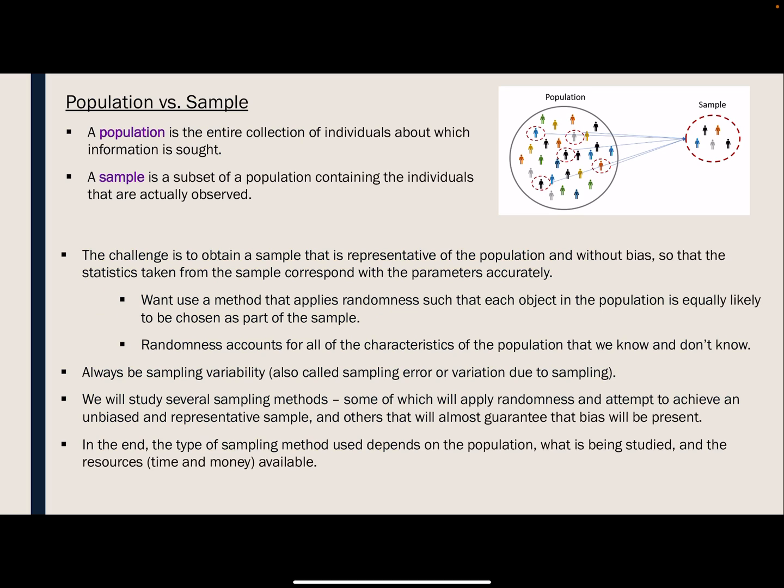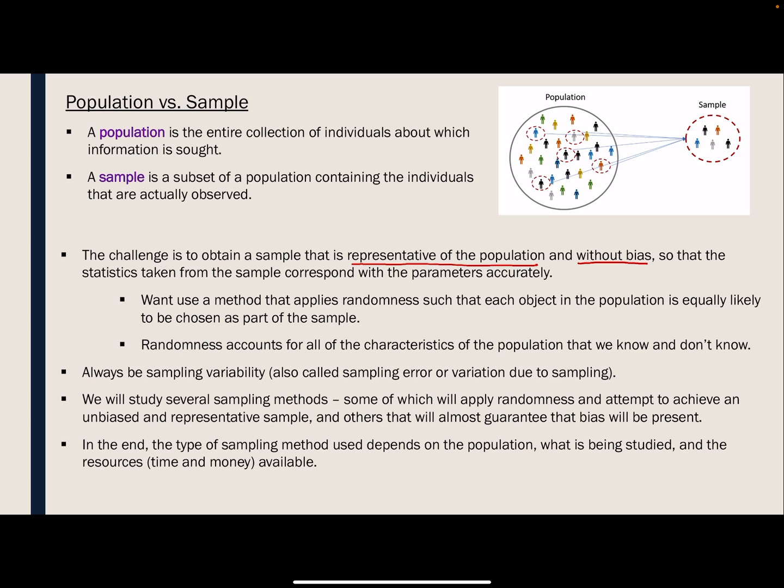So we typically have a large population that we want to understand. And it's usually very difficult to simply gather information on an entire population. So we collect a sample, which is a subset of the population. The challenge is to find a sample that is representative of the population and without bias.